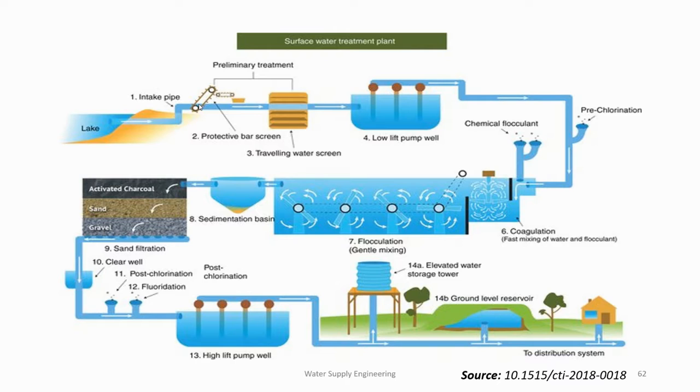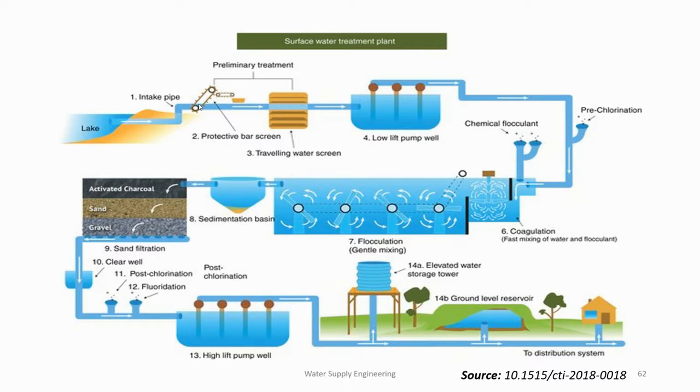Then you have the treatment, because the water you collect from the source cannot be supplied as such. It may contain unwanted minerals, it may contain pathogens, it may contain unwanted components. So we need to ensure that it is fit for drinking and other uses.